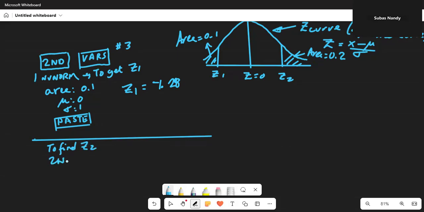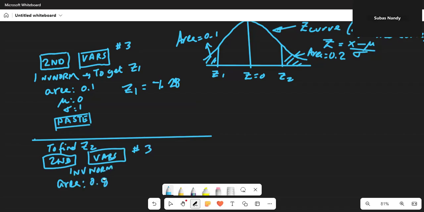Again, second VARS, and then number 3, invNorm. Area now will be 0.8. You ask, why not 0.2? Because the TI-84 is programmed to take the area below Z2, not the area above Z2, which is 0.2.